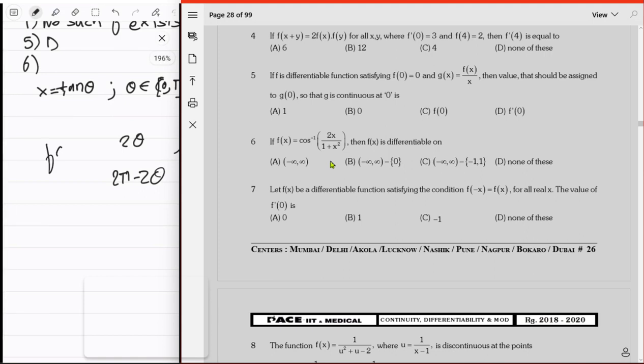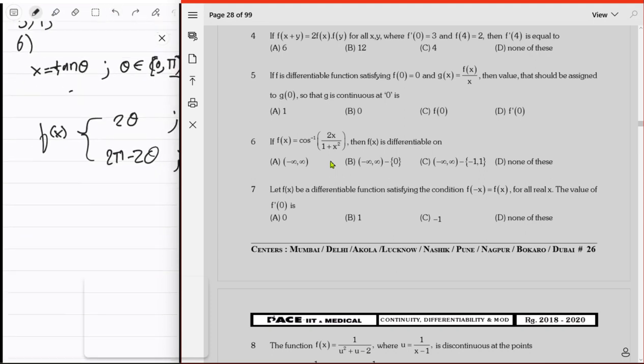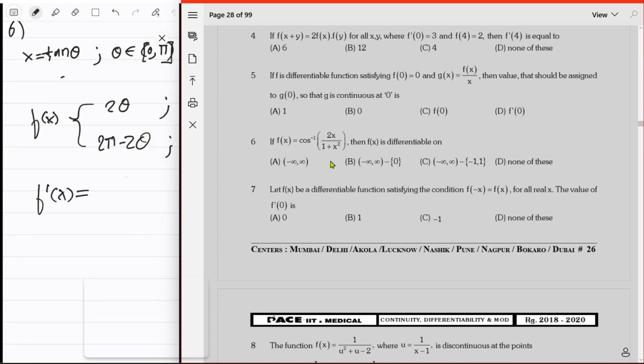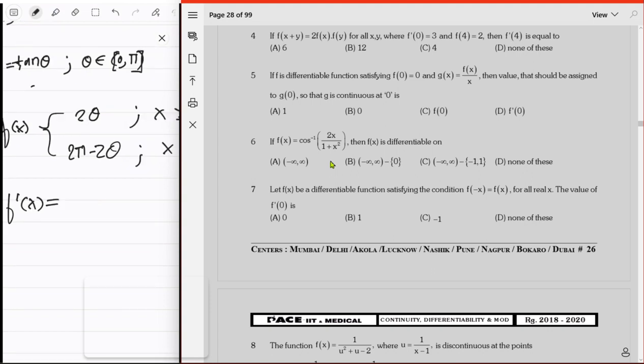So f of x is this thing. And you can always figure out what theta should be given this and that, right? So what do you want? You just want f dash of x. That's like d by dx of, well, this thing. So first of all, in this range, it's like d by dx of 2 theta, which is 2 d theta upon dx, which is like 2 upon dx upon d theta.